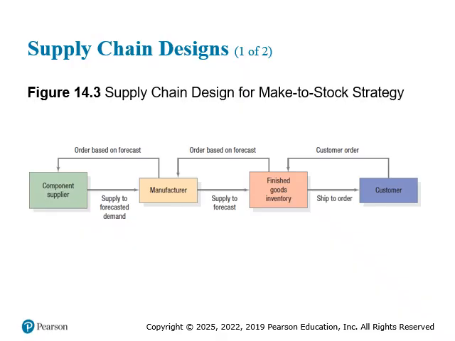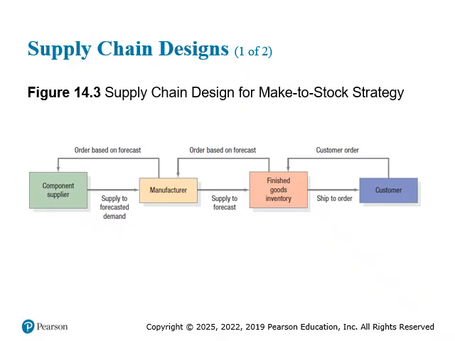If we're talking about the make to stock strategy being used by individual partners in the supply chain to create an overall efficient supply chain, then what you're going to see is basically we're forecasting demand. Usually, you could say one link in the chain at a time.